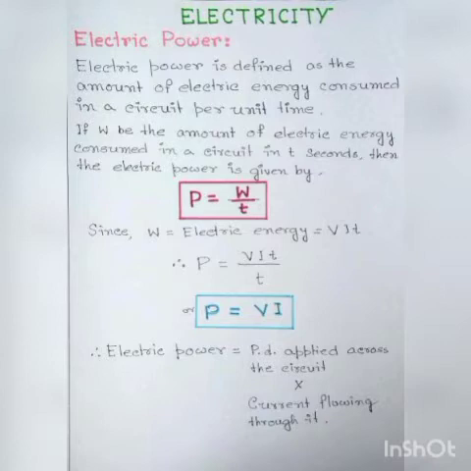So what is the mathematical expression of power? P equals V into I, that is the potential drop applied across the circuit into the current flowing through it.